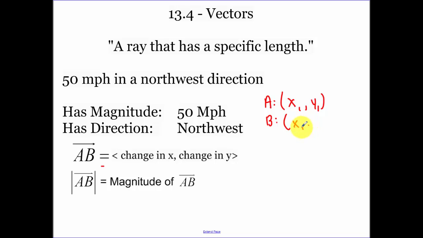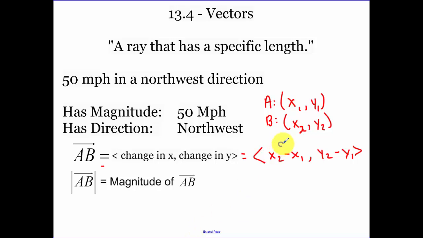These are both points, guys. x2, y2. To find the length of vector AB, what you would do is you would take x2 minus x1, y2 minus y1. And it has to go in that order.